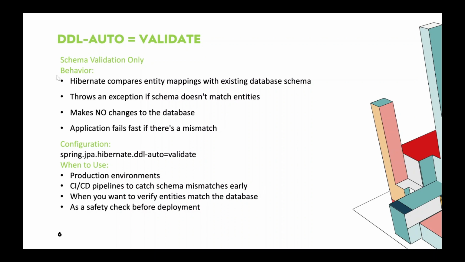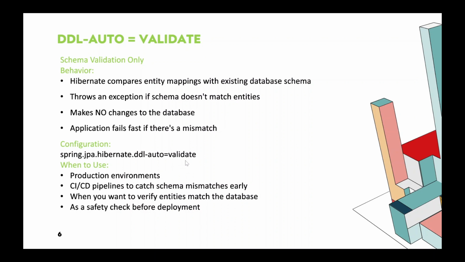So basically, we use this value to check whether the backend tables and our entity classes are the same or not. We will validate. It throws an exception, as I said, and makes no changes in the database. At the configuration level, you have to say spring.jpa.hibernate.ddl-auto equal to validate. Previously in the other option we said none, but here we should say validate.